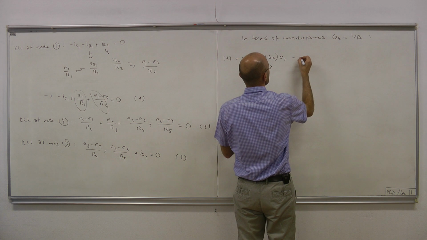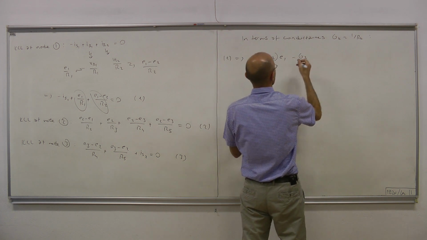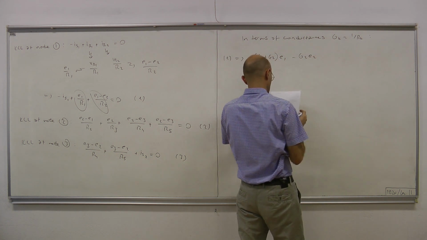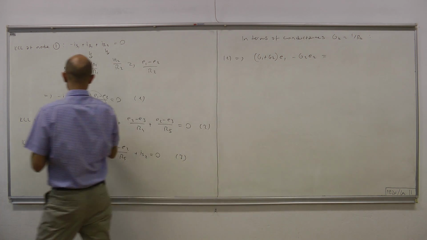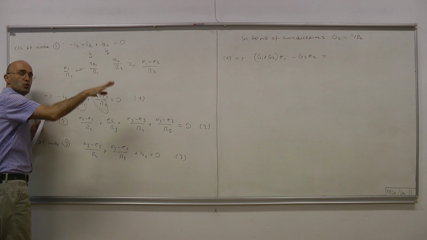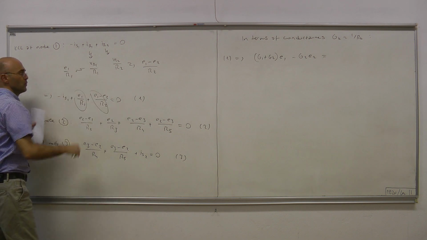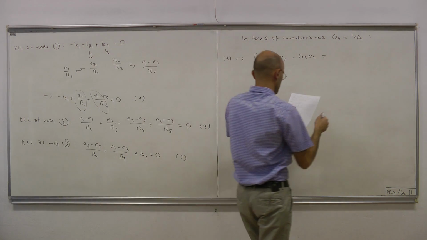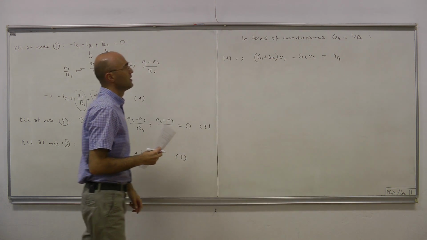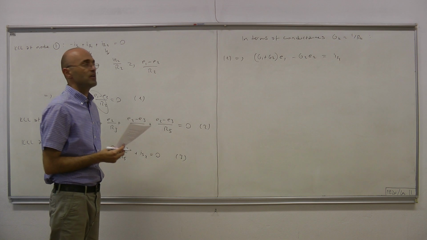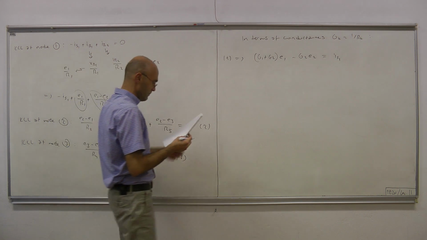And then we have minus E2 over R, which is minus G2 E2, and let's throw the knowns to the other side. This is a known, and then we put it on the other side, and it becomes IS1. Okay. So this is equation 1 expressed in a little bit different way.